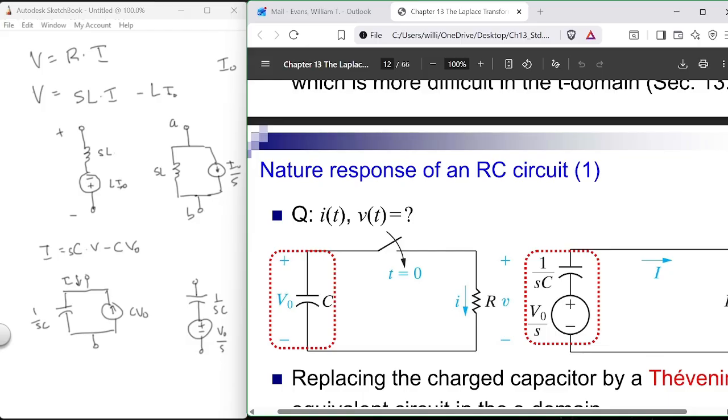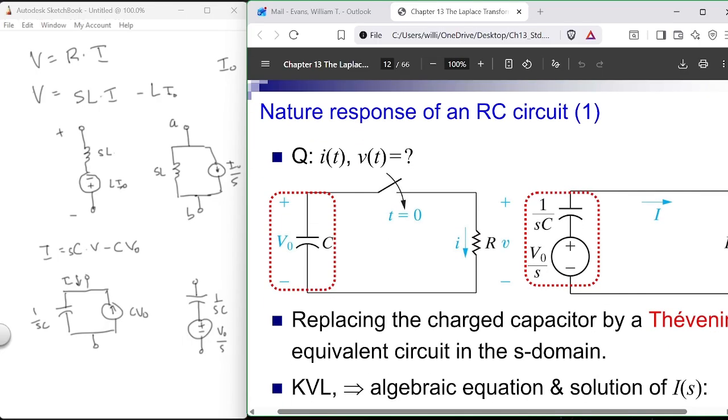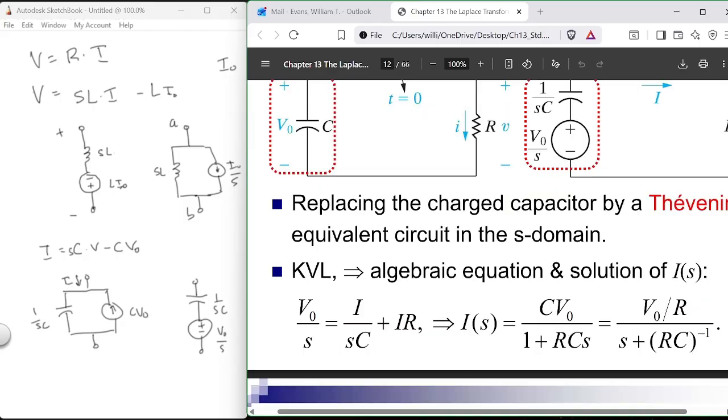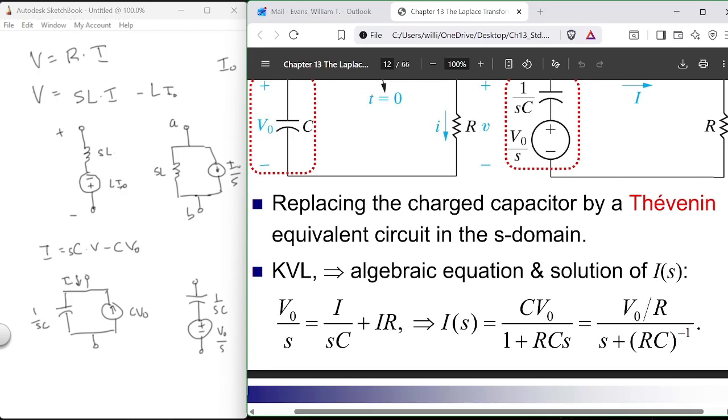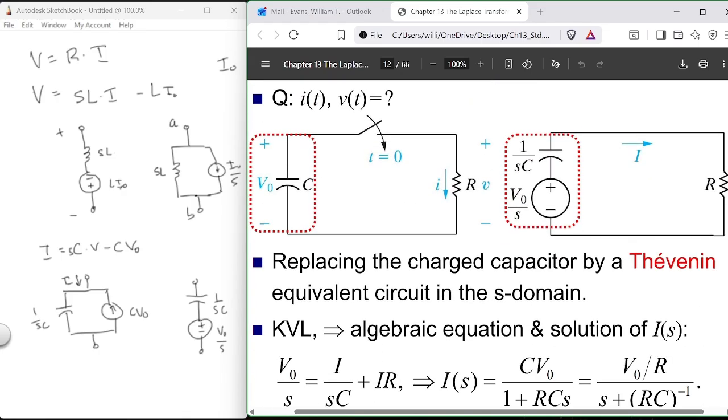You convert this to this, or this right here. This is how you would do it. But I don't want you to be so caught up with this circuit, I want you to see that if you replace a capacitor, you replace it with this thing right here.